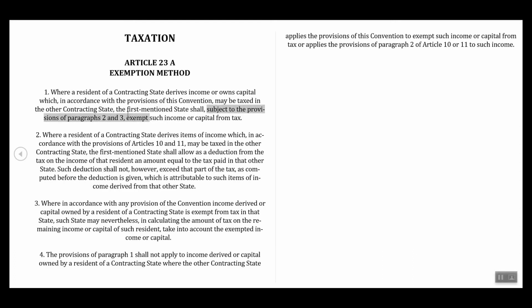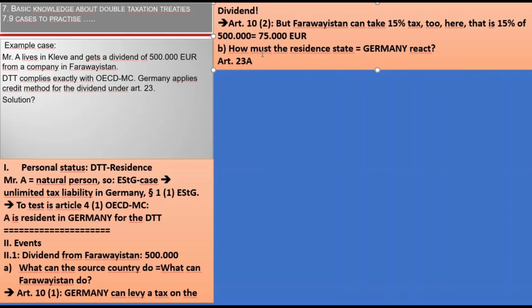So 23A, paragraph 2 is evidently applicable, not paragraph 1. Here, the exemptions referred to here, one of them applies indeed. So 23A, paragraph 2, Germany has to credit, not exempt. So let's make that nice.